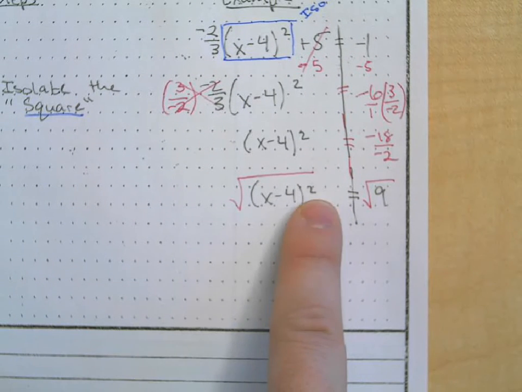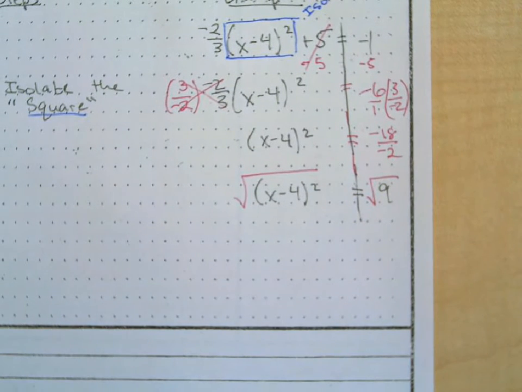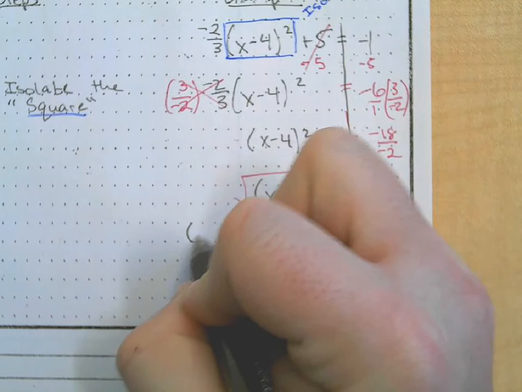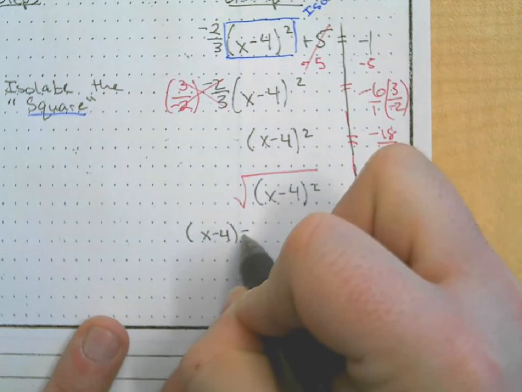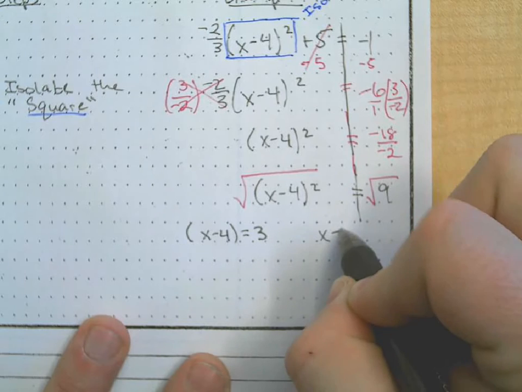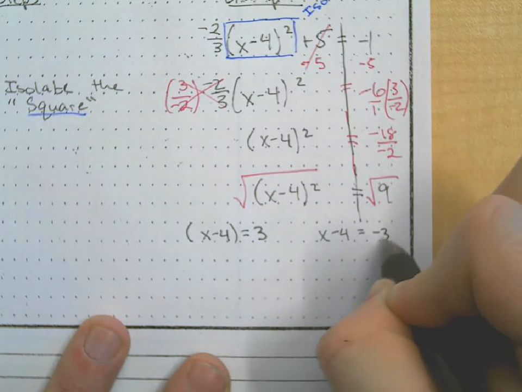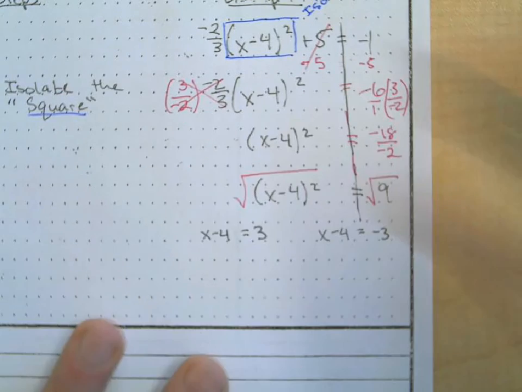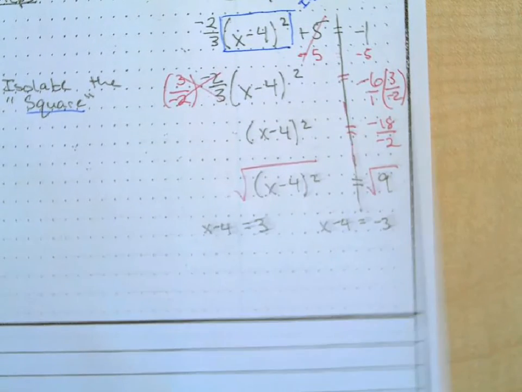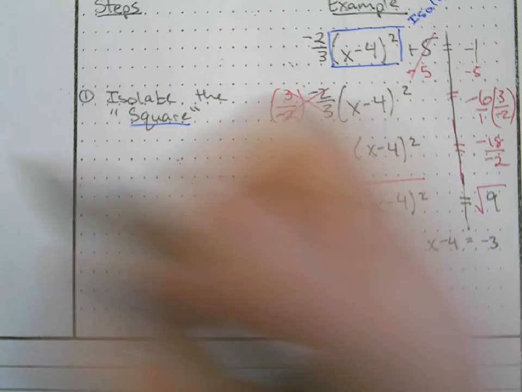And the square root just kind of knocks out the square right here. So we're going to have two equations now. You don't need the parentheses. Like that. So that would have been our step 2.